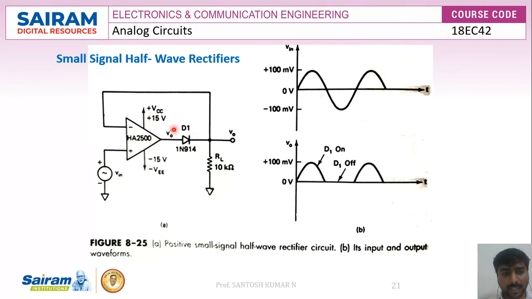So here we get a large signal, which is sufficient to drive this diode D1. So D1 gets forward biased and acts as a closed switch. Then the circuit is equivalent to a voltage follower, so whatever input voltage we have, the same appears at the output. So it rectifies the positive cycle.